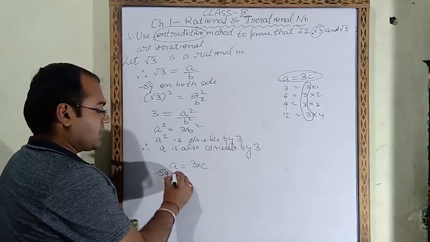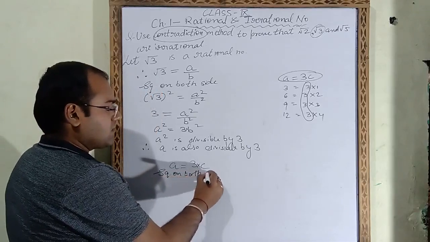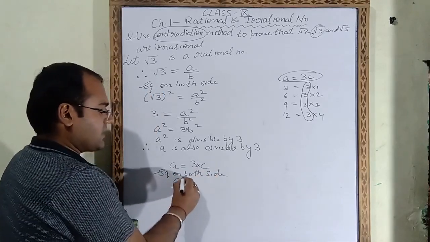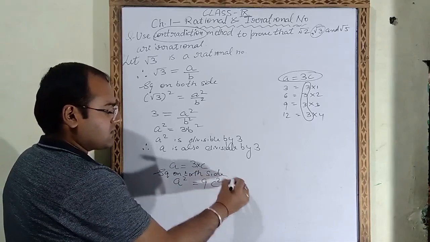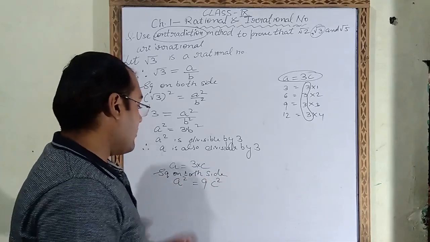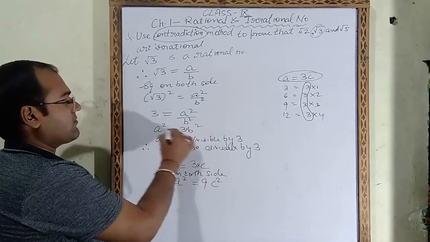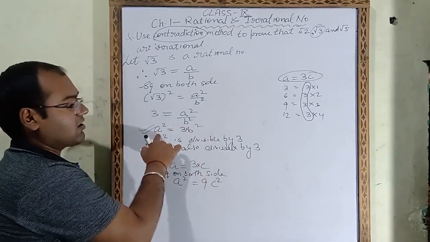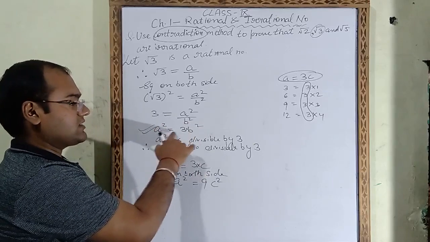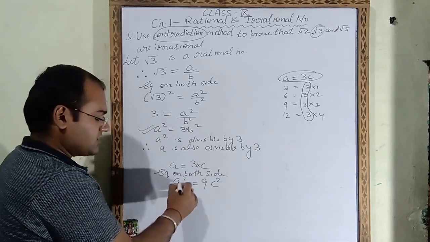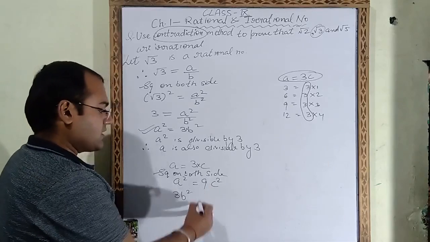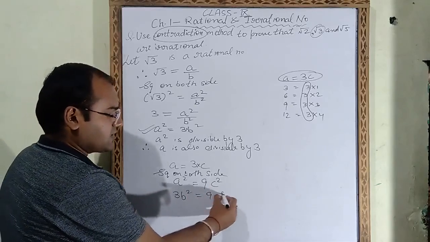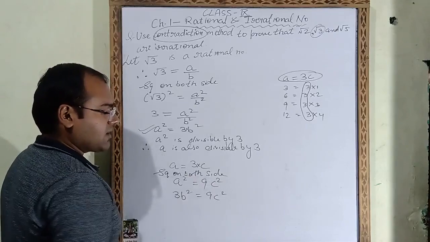Now what we will do? We will do squaring on both sides. So we will get a square is equal to the square of 3, which is 9c square. Now the a square answer we had already found here. The answer of a square is 3b square. So instead of a square we will use 3b square is equal to, this one we write as it is, 9c square.